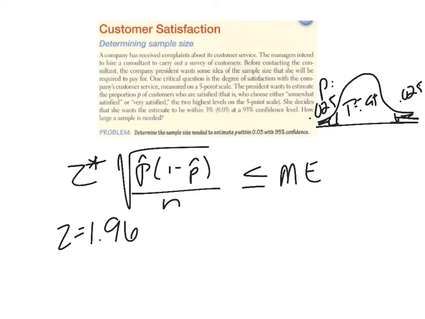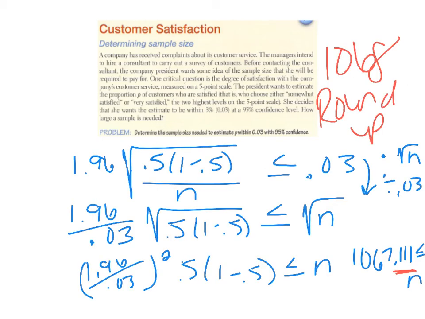So when I plug this in, hold on, let me clear the space. There's plenty of room to work here. Okay, so you're going to have your critical value of 1.96 times, I'm going to go ahead and substitute in 0.5 for my p hat, because that's when my margin of error would be the largest. I don't want my margin of error to be any greater than 0.03, and I'm looking here for my sample size.